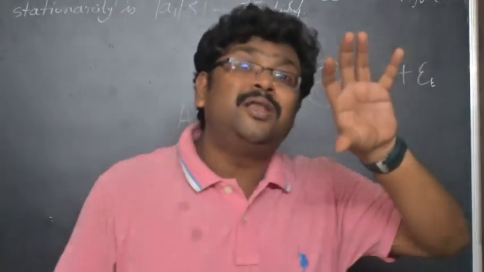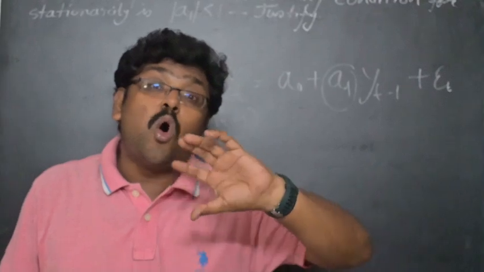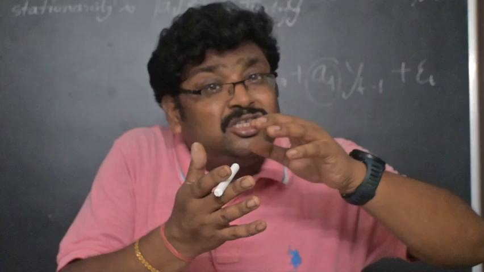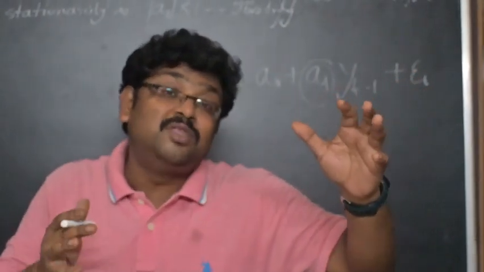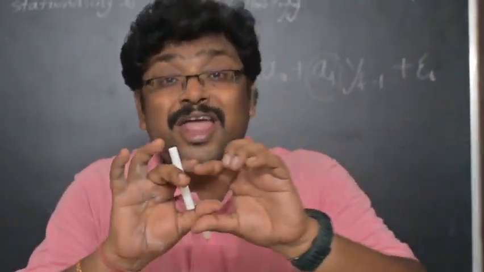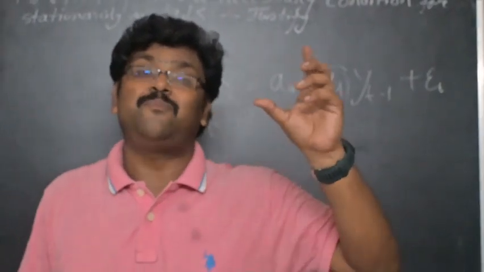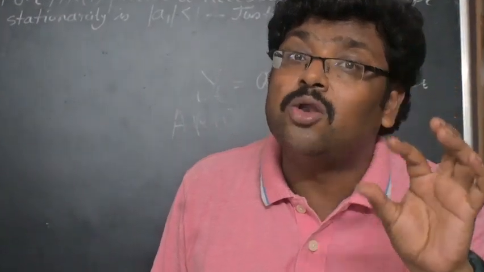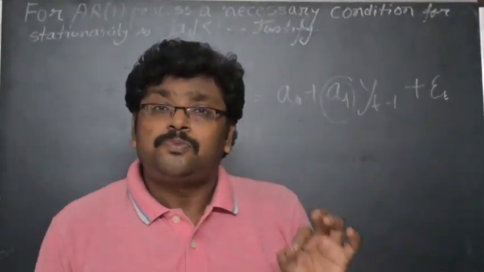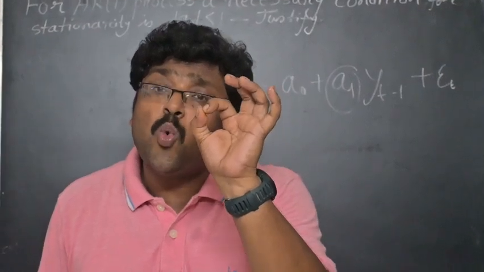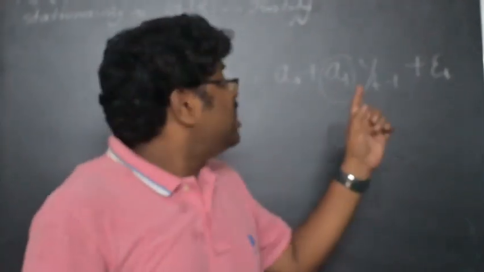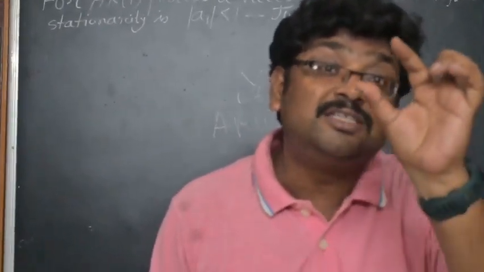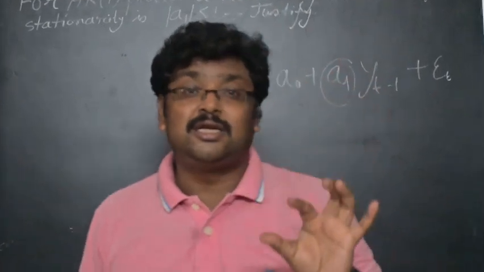How could you understand the non-stationarity and stationarity of this series? By just seeing the plot of the correlogram or ACF, you can understand whether the data is stationary or not. So in the AR1 process, a1 should be less than 1 if the series is stationary.